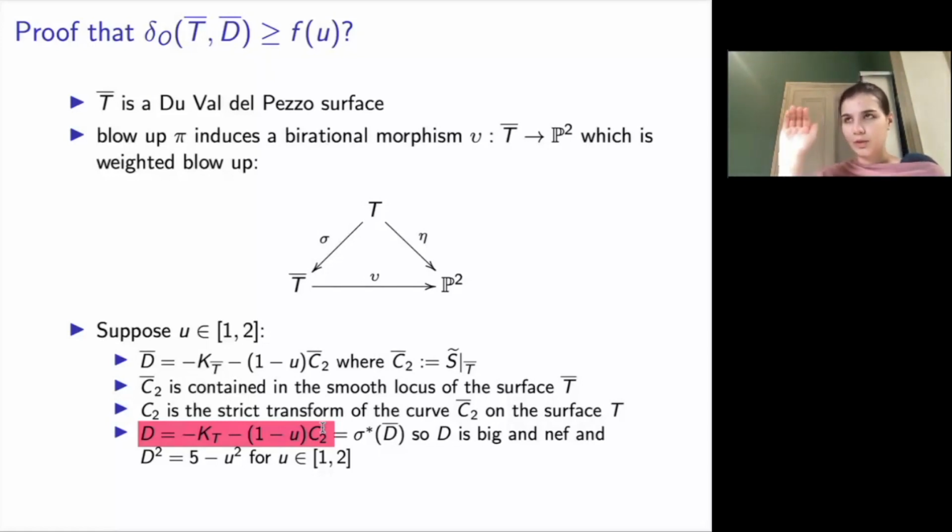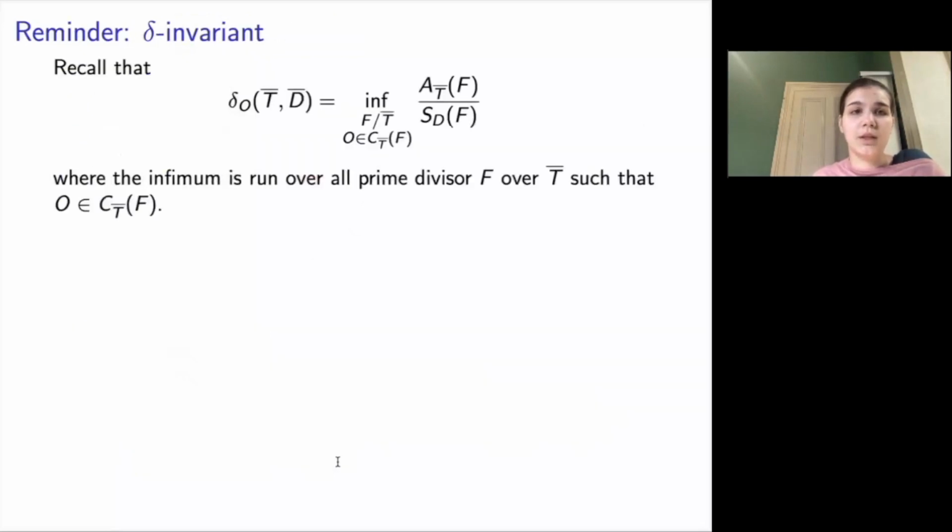It was of degree 2 on the second factor, so now it became a conic. So after that, we can rewrite our divisor D and get a new polarization of the pair, and we can also compute its volume for any value of u inside the interval [1, 2].